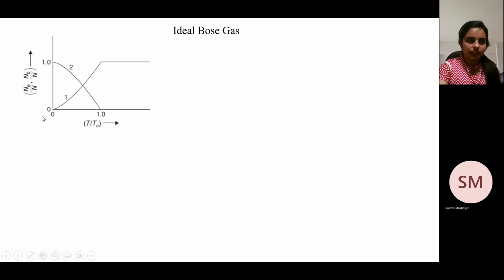If you look at the Ne by N plot or the N naught by N plot, you see that for values of T greater than Tc, Ne by N is equal to 1. That means all particles are in the excited states.